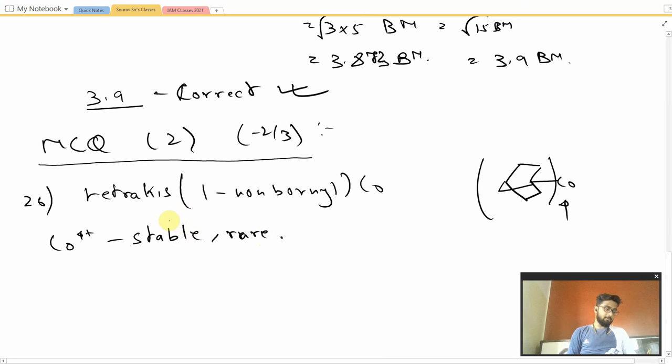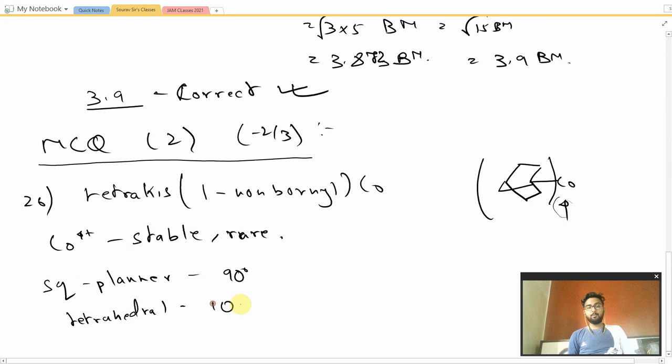Now, you know that this has a coordination number equal to 4, so either it will be a square planar complex or a tetrahedral complex. If the complex is square planar, the angles between each of the ligands would be 90 degrees, and if it is tetrahedral, the angles between each of the ligands would be 109.5 degrees.